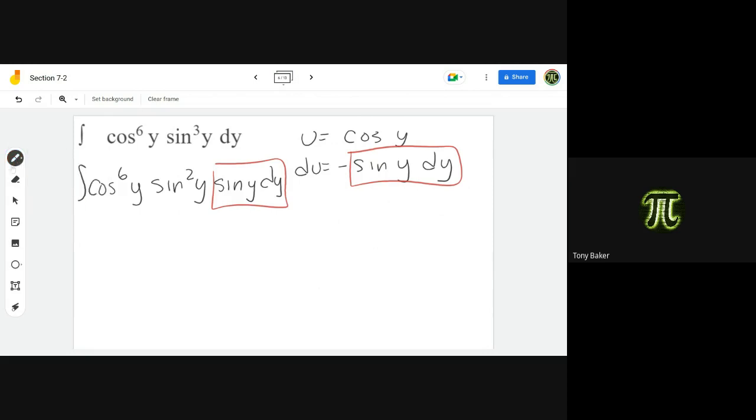And then we can change my sine squared y into 1 minus cosine squared y. So I now have u to the 6th, 1 minus u squared du, and the minus sign.